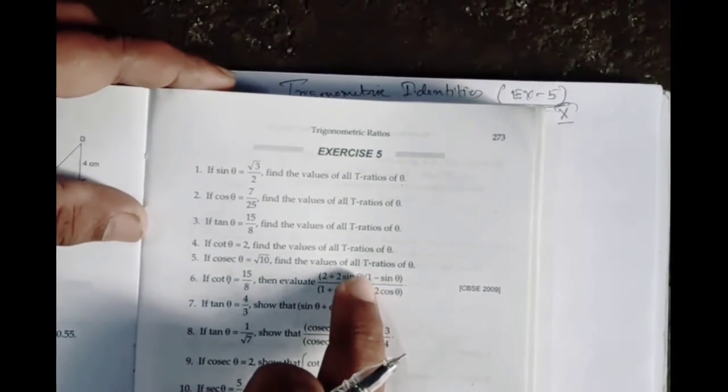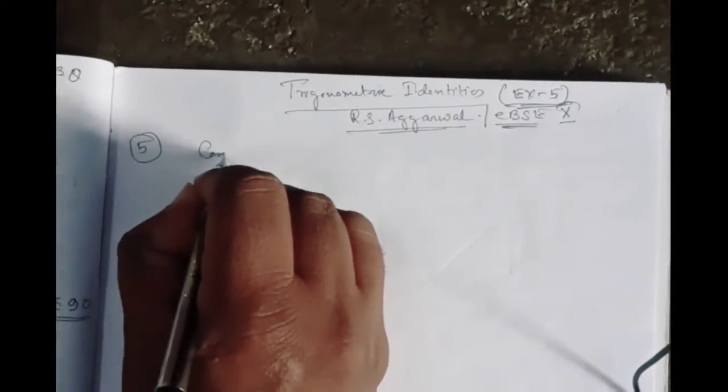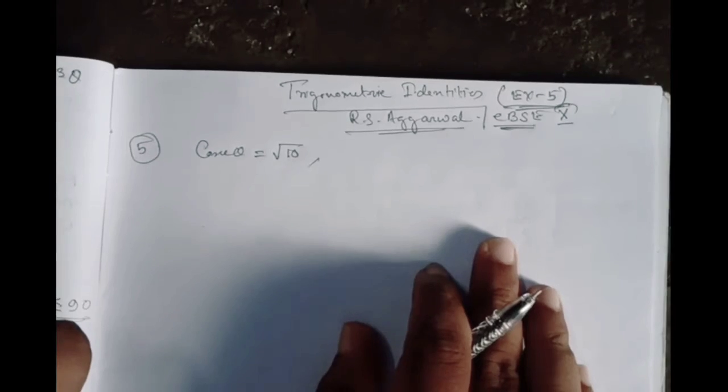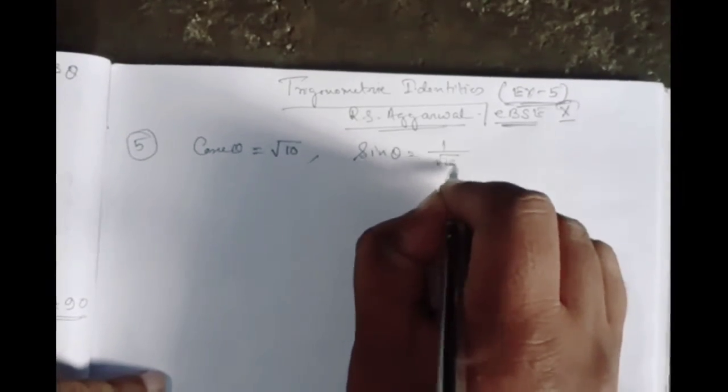What is given in question number 5? If cosec theta is equal to root 10, find the value of the other trigonometric ratios of theta. Since cosec theta is equal to root 10, sin theta is equal to 1 by root 10.